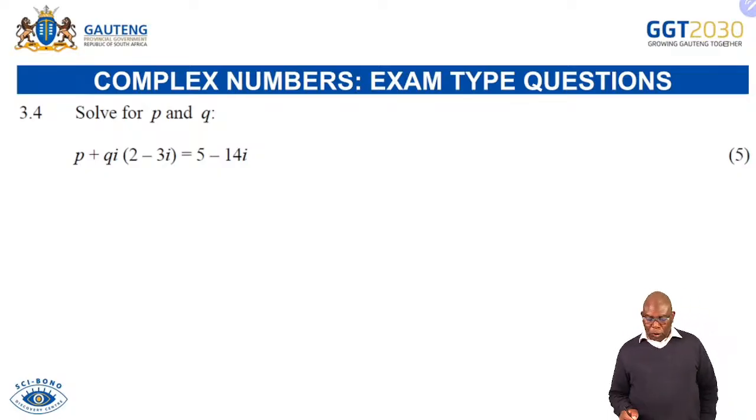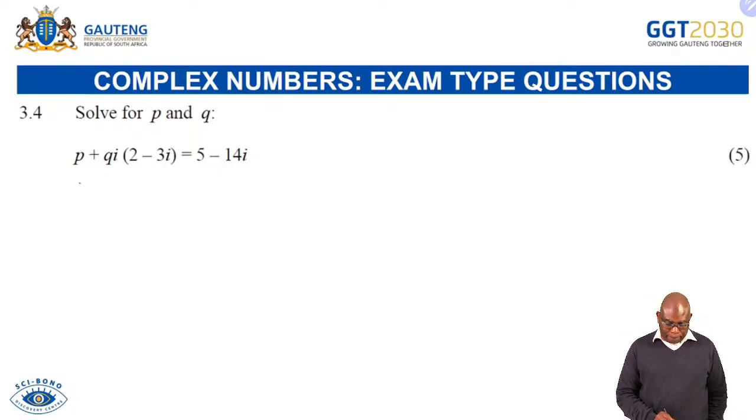So for p and q, same principle, remove the brackets. Don't remove them, multiply them please. You have 2qi minus 3qi squared equals 5 minus 14i.